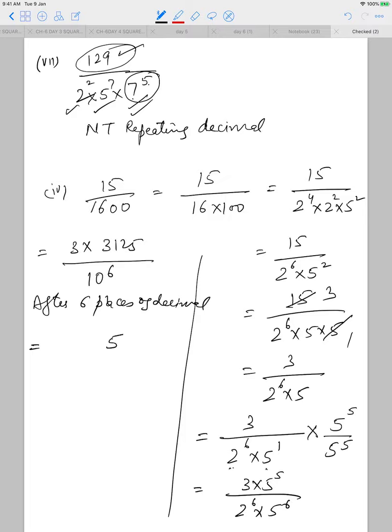You will get 9375 divided by 10 to the power 6, which will give you, now 1, 2, 3, 4 digits are already there. I need to put 2 more zeros after the decimal, 0.009375. This is the decimal expansion of the given rational number.